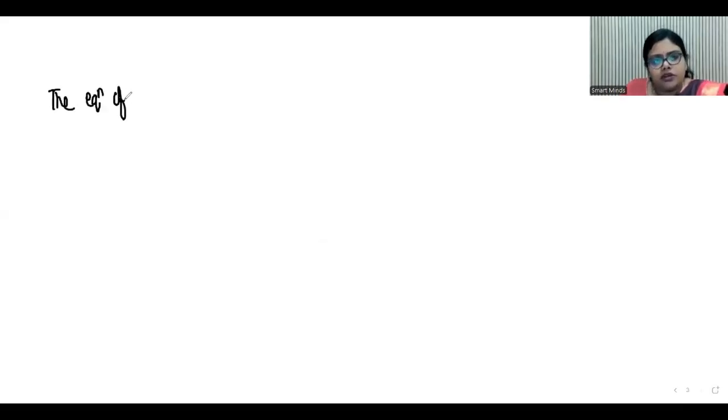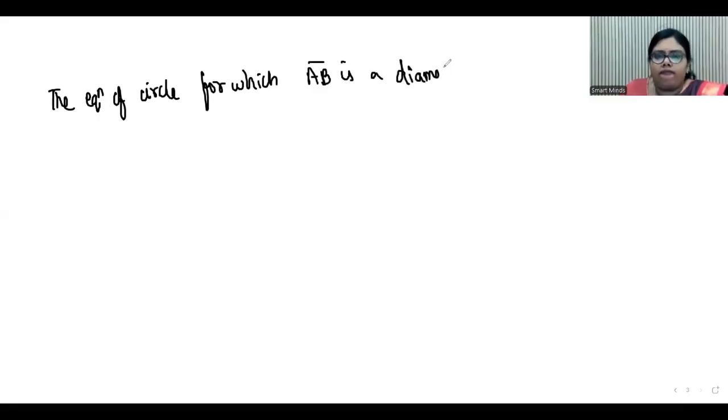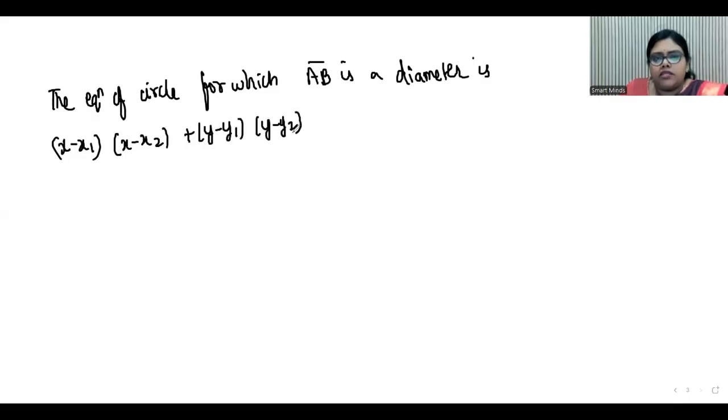The equation of circle for which AB is a diameter is (x − x1)(x − x2) + (y − y1)(y − y2) = 0.